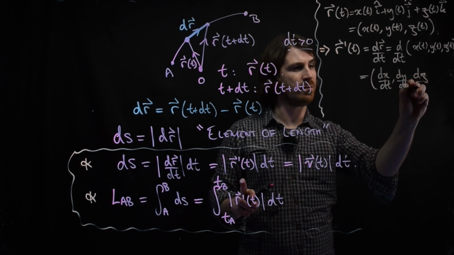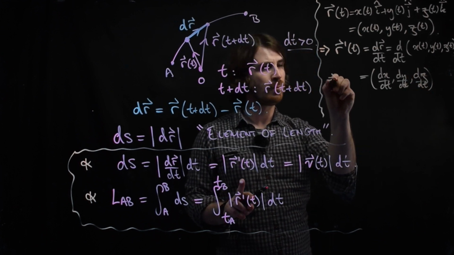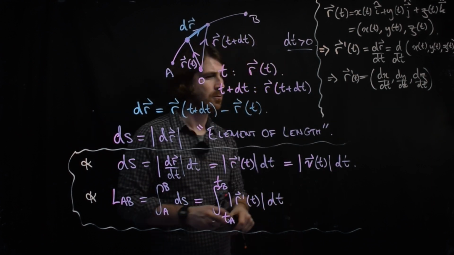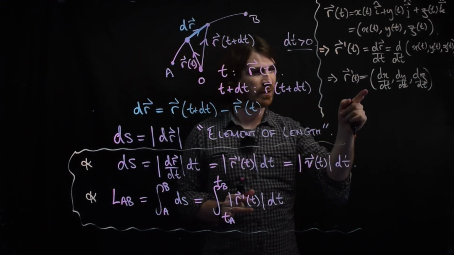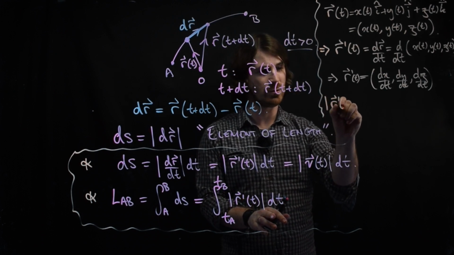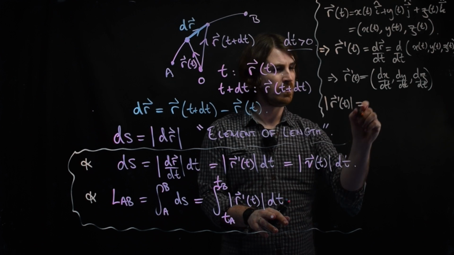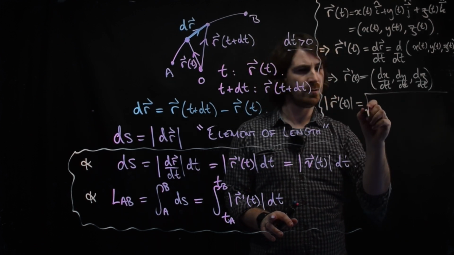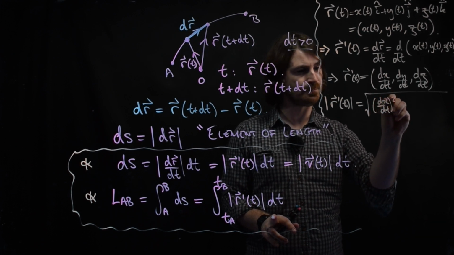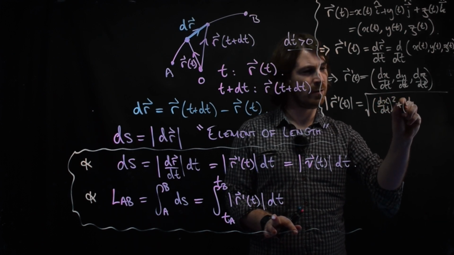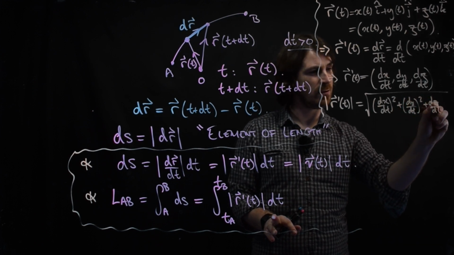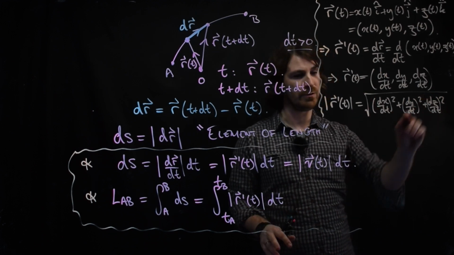It's a vector with these three components. So we found the derivative, but now we need to find the magnitude. And we know how to find the magnitude of a vector. It's just the square of all the components added, with the square root in front. So the magnitude of r prime is the square root of dx by dt all squared plus dy by dt all squared plus dz by dt all squared.